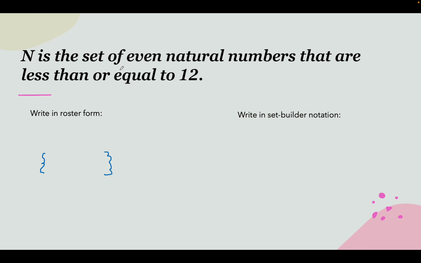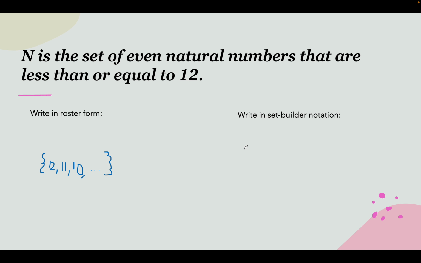Then I'm going to put N is the set of natural numbers that are less than or equal to 12. So I'm going to start out with 12, and this one's going to go backwards: 11, 10, and I'm going to put comma, dot, dot, dot, because this one goes on and on forever.